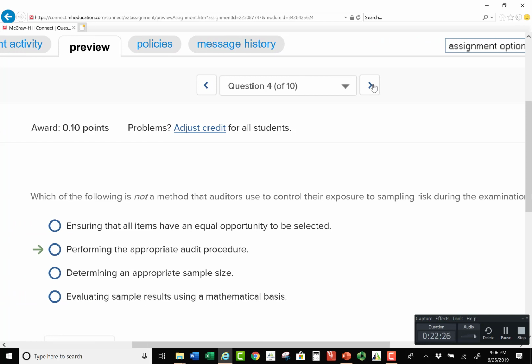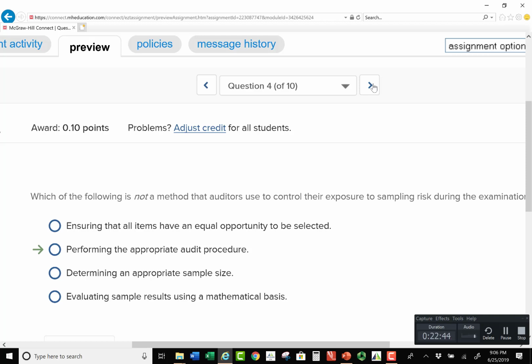Ensuring that all items have an equal opportunity. That's random. We do use random sampling, don't we? Okay. Performing the appropriate audit procedure. The audit procedure is a procedure that you choose to do what? To help you with the assertion, isn't it?